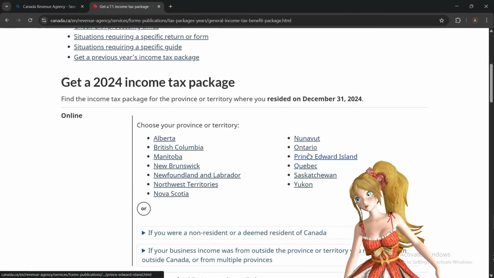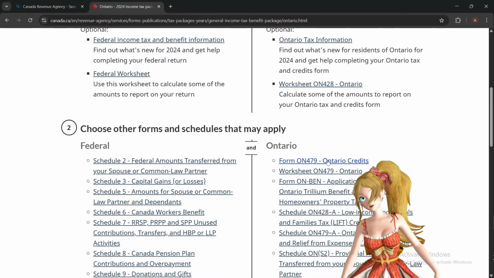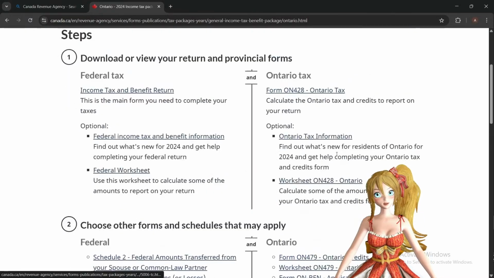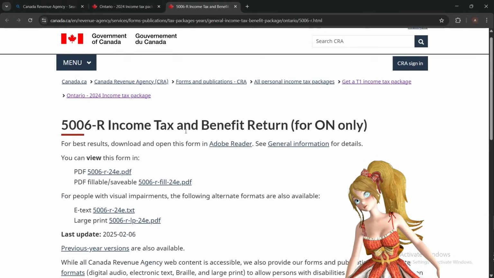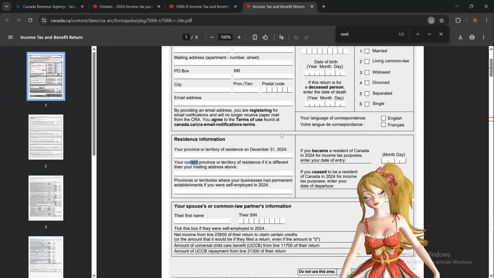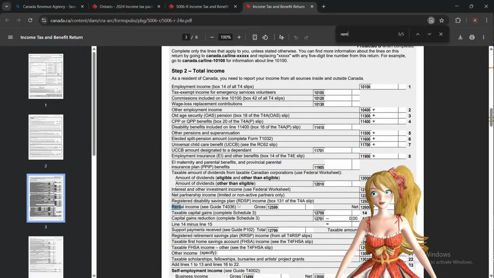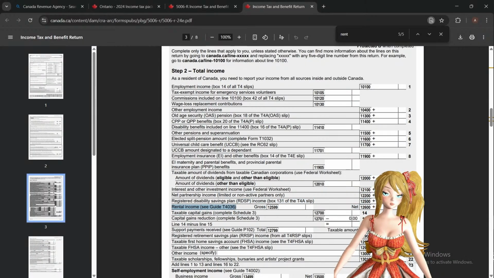General income tax form, might be zoomed. There, okay. Income tax and benefit return. Okay, and let's look for the rental income. Okay, so for rental income, when reporting this, you can report a negative number.